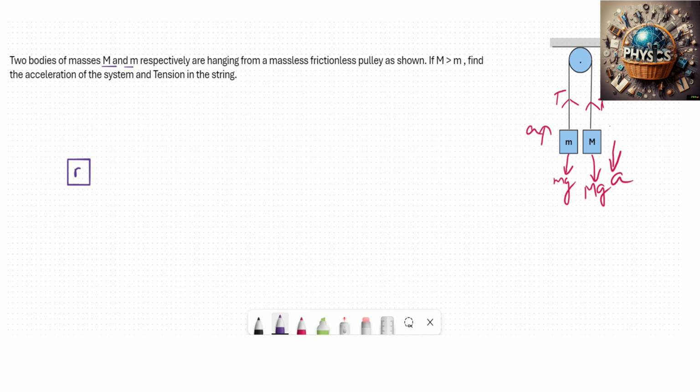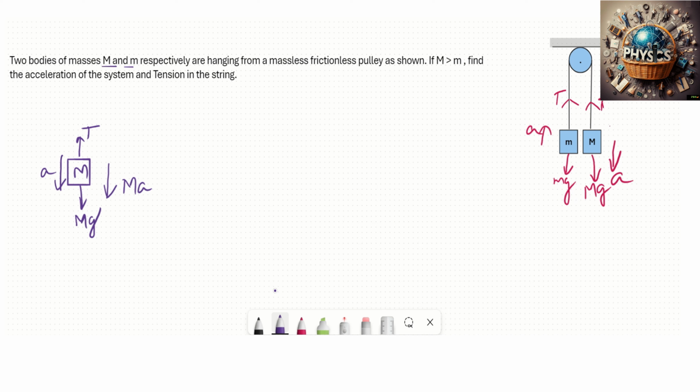So if we draw a separate free body diagram for each of these masses, this is the first mass, the bigger one, acting downward is Mg. We have the tension force T, and since it is moving down with acceleration a, the equivalent force for this acceleration will be what? Ma, capital M into a.